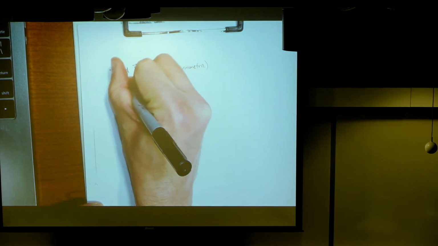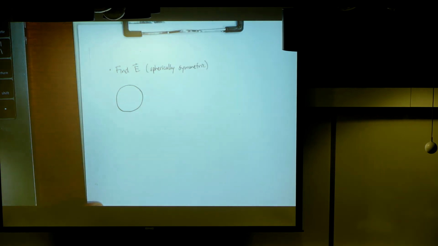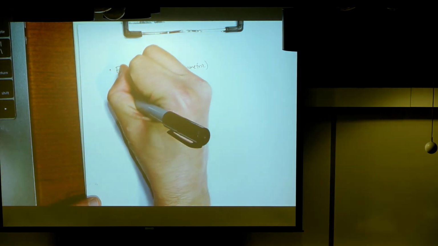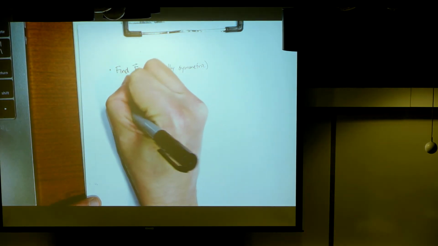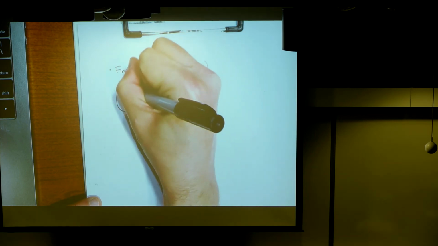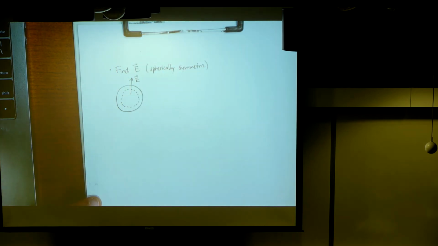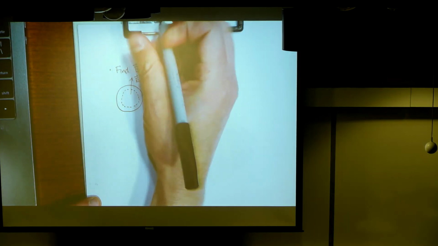So I'm going to draw the actual non-conducting sphere right here. Then I'm going to draw a Gaussian surface, which I'll show with the dashed line. And then I'll show that my E field is spherically symmetric, so it's just going out radially in all directions.